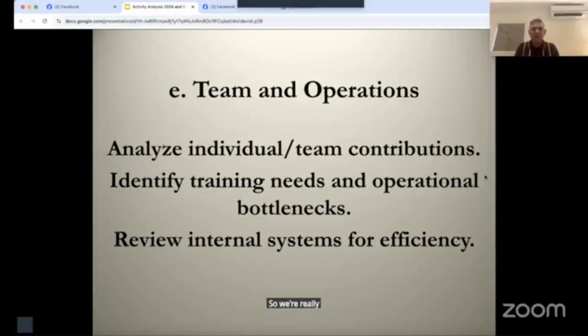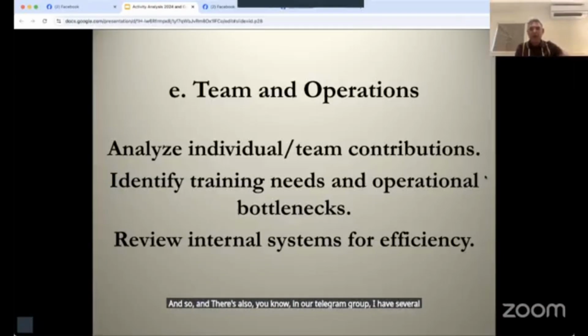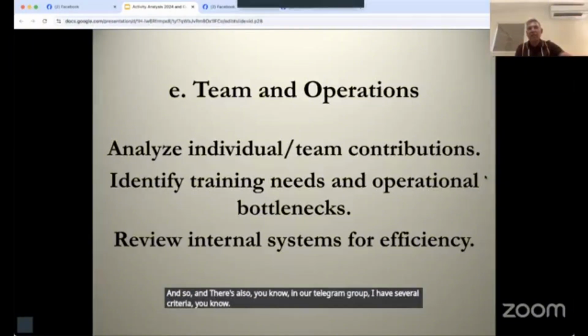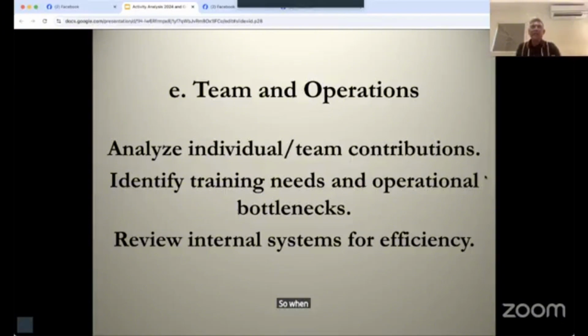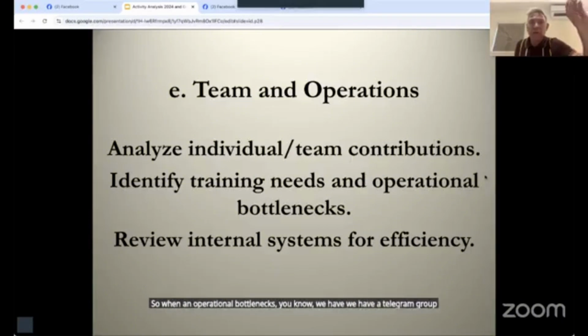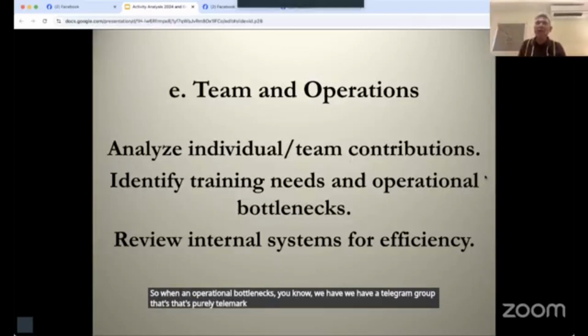Communication is a must, and in our Telegram group, I have several criteria, whether it's follow-up clients, telemarketing, or our RGS groups. So everything's so organized, and organization is key. For operational bottlenecks, we have a Telegram group that's purely telemarketing. I see a signage in Forbes.